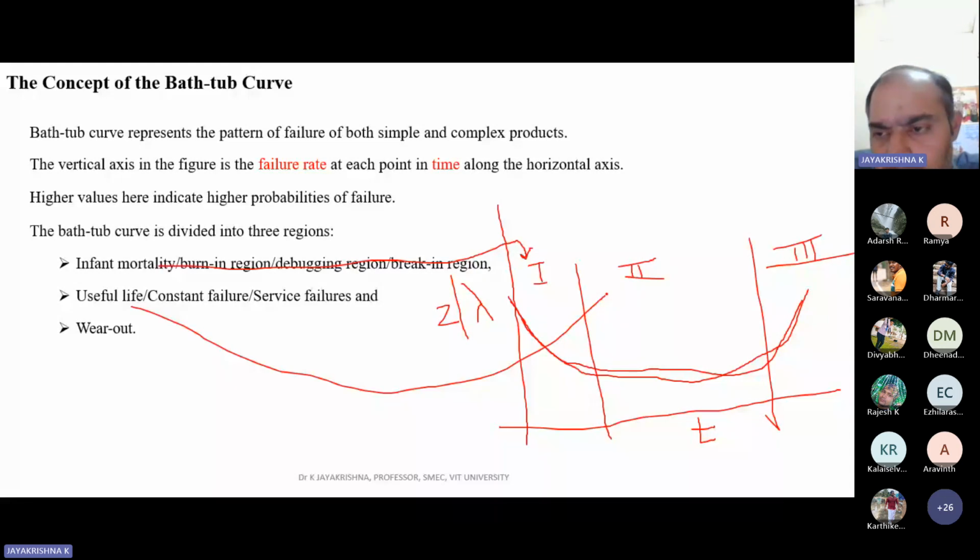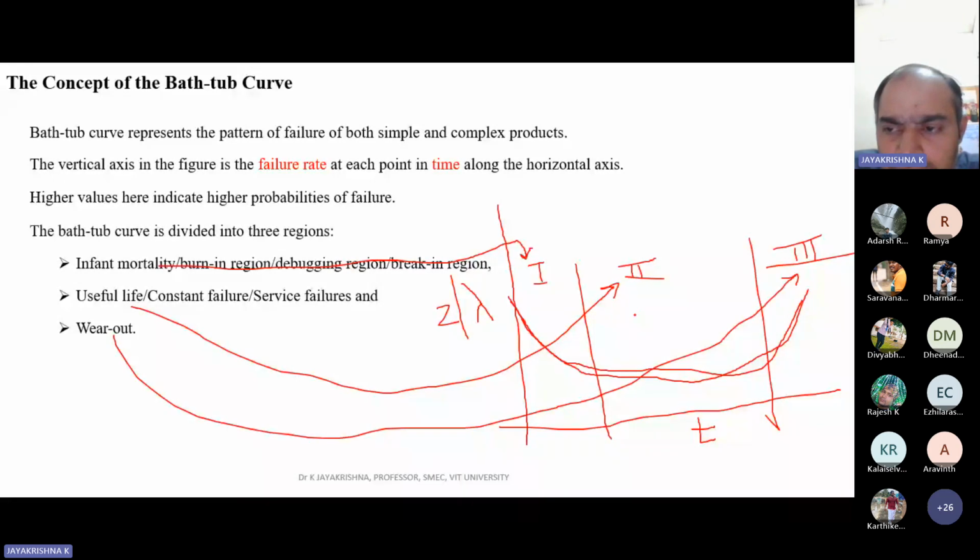The third stage is called the wear out stage. In the second stage, the useful life or constant failure stage, it's going to be exponential distribution. In the third stage, it is going to be variable distribution. Just remember this.